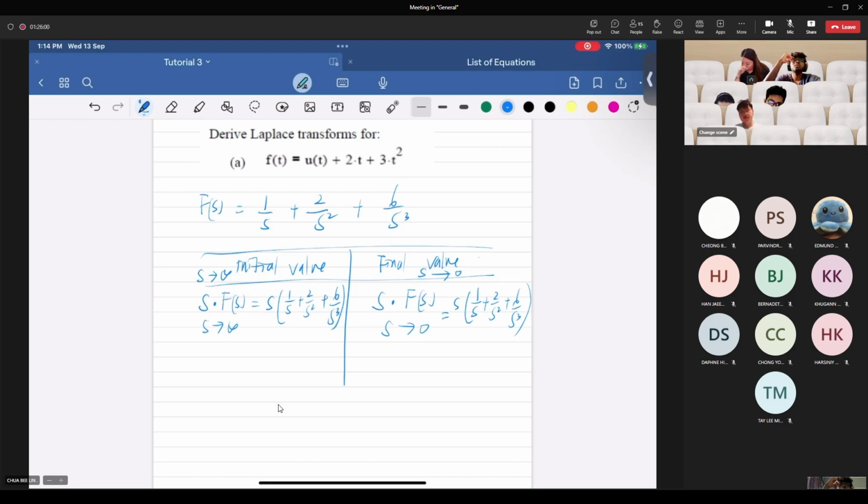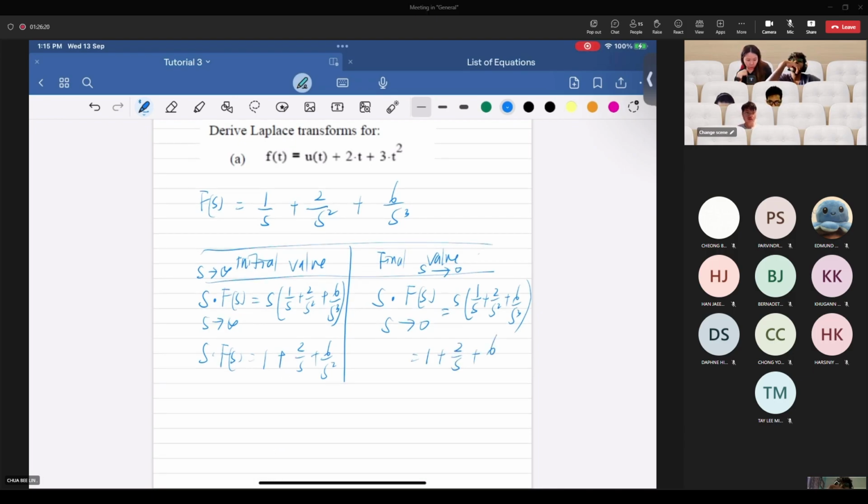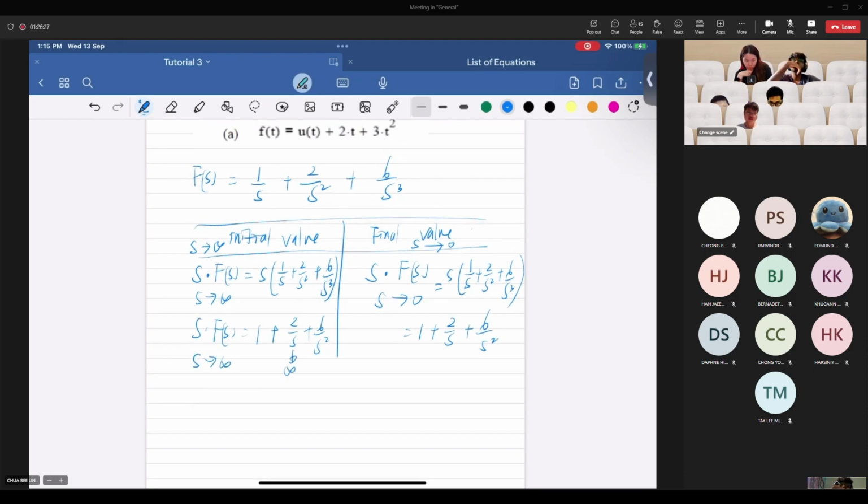When s goes to infinity, you simplify this first. Cancel, so 1 plus 2 over s plus 6 over s squared. Then sub s going to infinity.